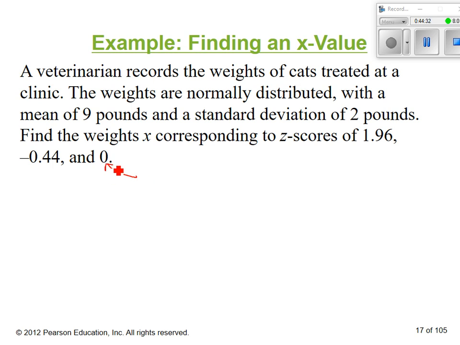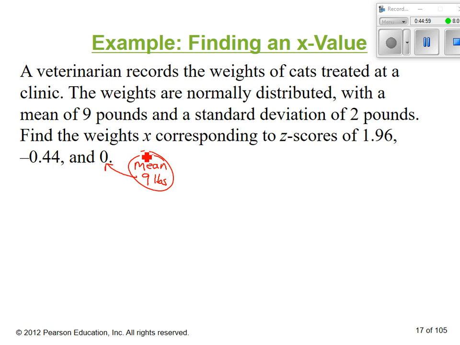If the cat's Z-score is 0, what's their weight going to be? What do we know that their weight's exactly the same as? The mean. Well, what was the mean this time? 9 pounds. So that cat we know weighs 9 pounds.